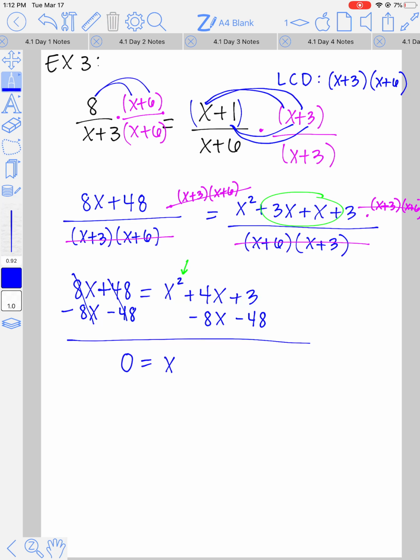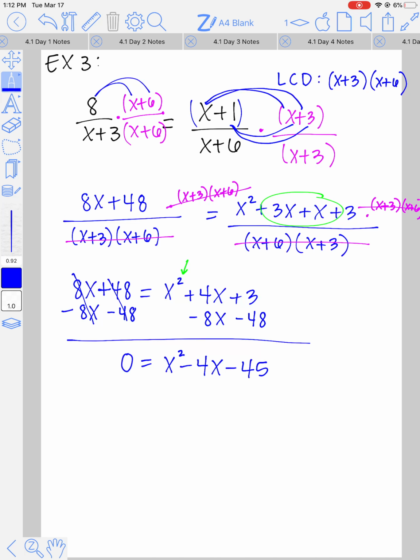And on the right side, I'll have x squared. And then positive 4x minus 8x will give me negative 4x. And then that positive 3 minus 48 will give me negative 45.